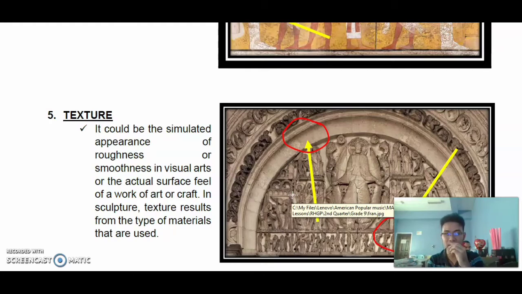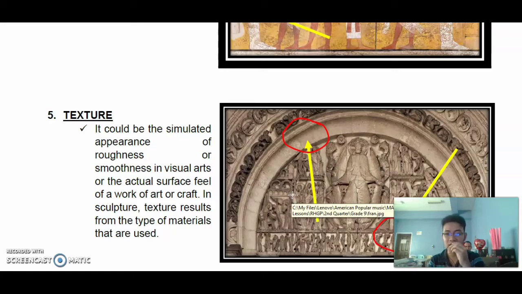For example, in a painting, there is sand, and there are stones, and there is a smooth surface. In that aspect, we could conclude the difference of the texture in an artwork. If it's sand, it's a sandy texture. If it's a stone, it's a rough texture. And if it's a smooth surface, it's a smooth texture in a painting.